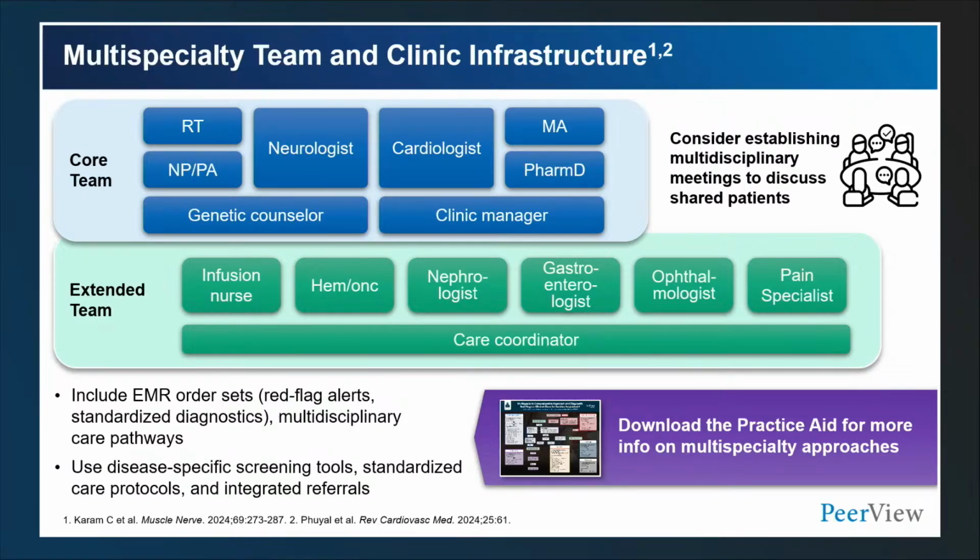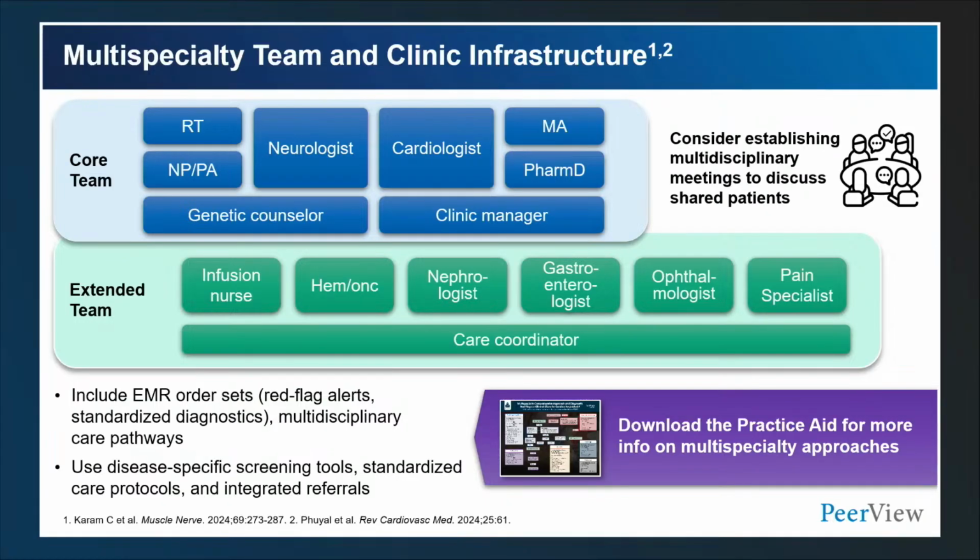Great if you have an infusion center in your hospital that can help facilitate getting some of these injections. And then the surrounding core team, genetic counselor, clinic manager, pharmacist, MA, are all very helpful in order to make the clinic run smoothly.